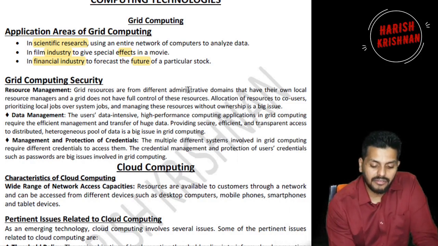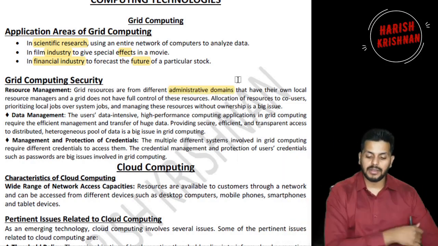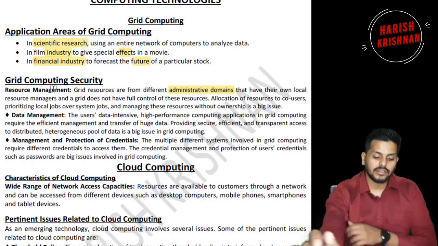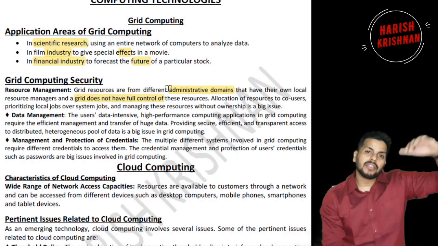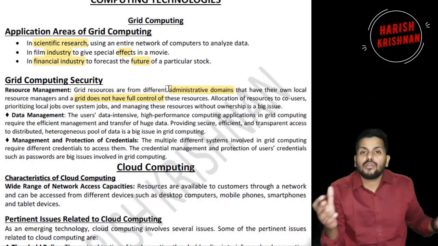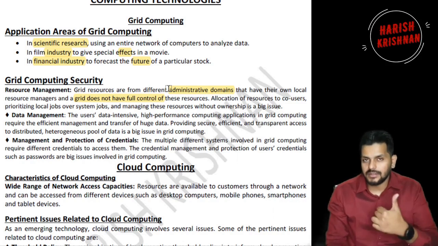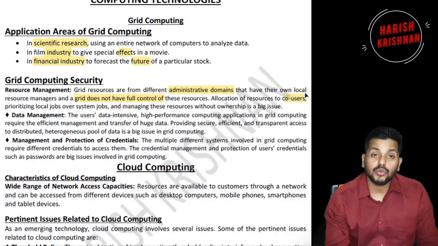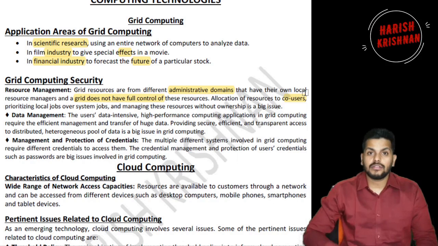Grid resources are in different administrative domains, because different people are there in different places, and have their own local resource managers, and the grid does not have full control. One member of the grid may be sitting in the US, one member may be in India, one member may be in Australia. So we don't know who all are part of that grid. So we don't have complete control, is what they are saying. That's an important point in security. Allocation of resources to co-users. What can the other grid member access? It's a very important point.